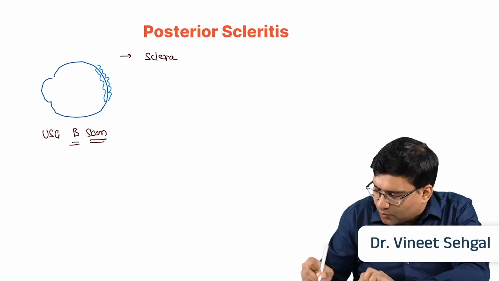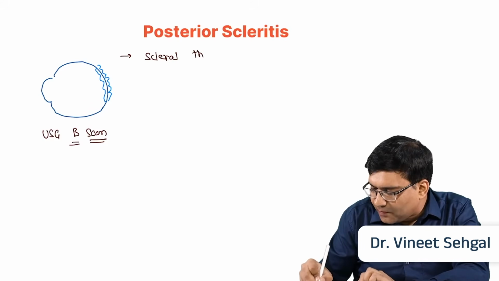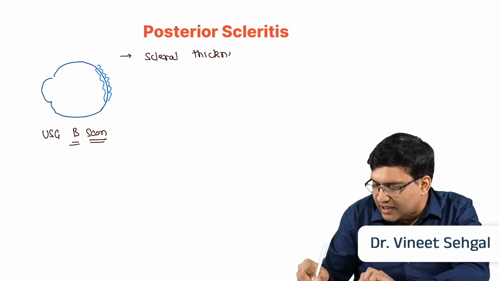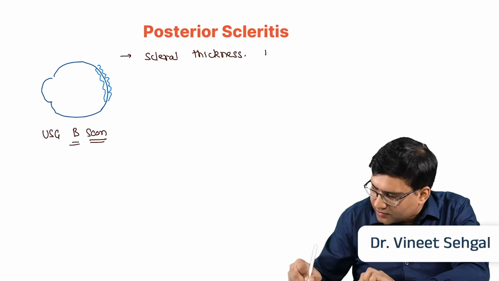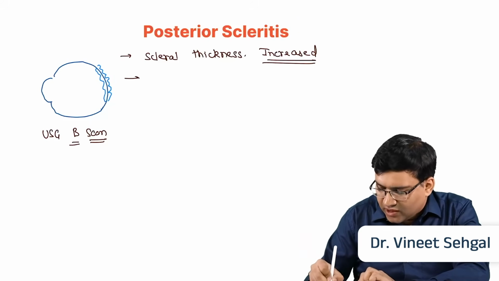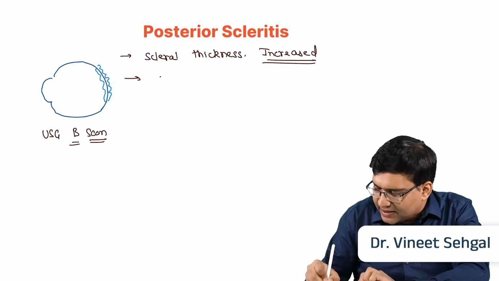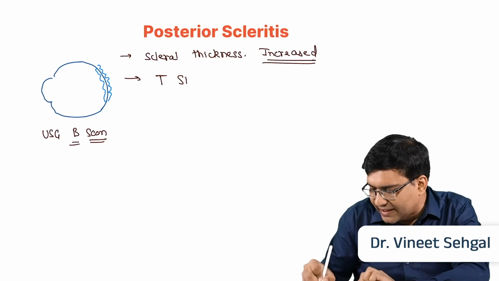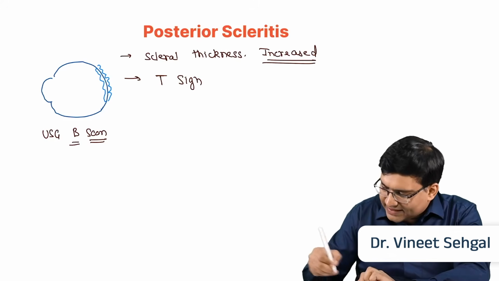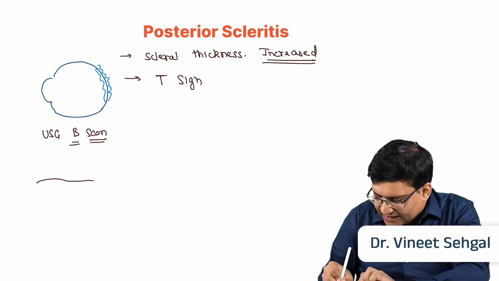The first feature would be an increase in the scleral thickness. Okay, this is very important. Sometimes you can see scleral nodules as well, but very important here is the presence of a sign which is called the T sign. Now, why does a T sign happen? It looks like a T.